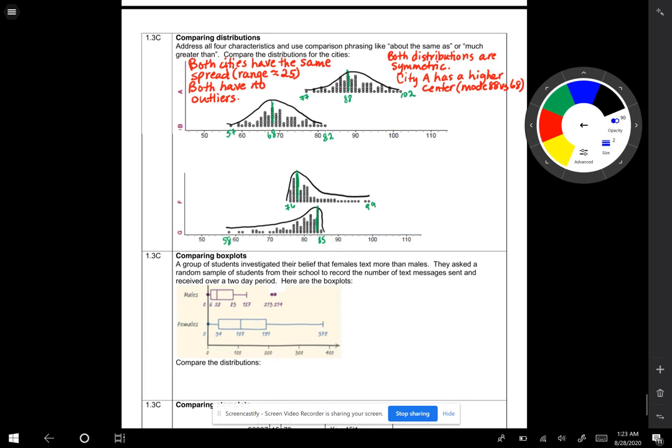So City F is right skewed, City G is left skewed. City F is right skewed, while City G is left skewed.